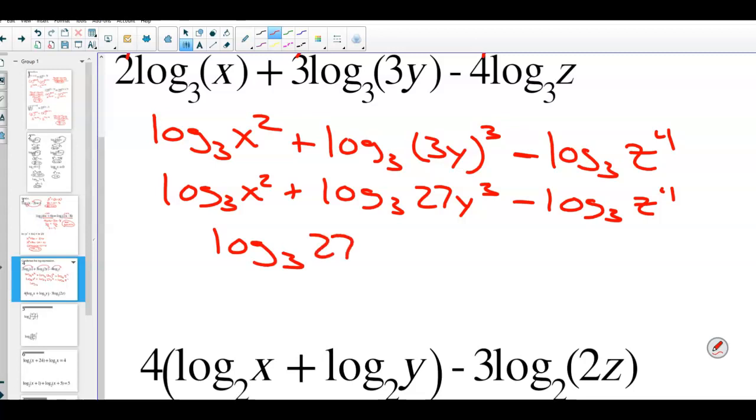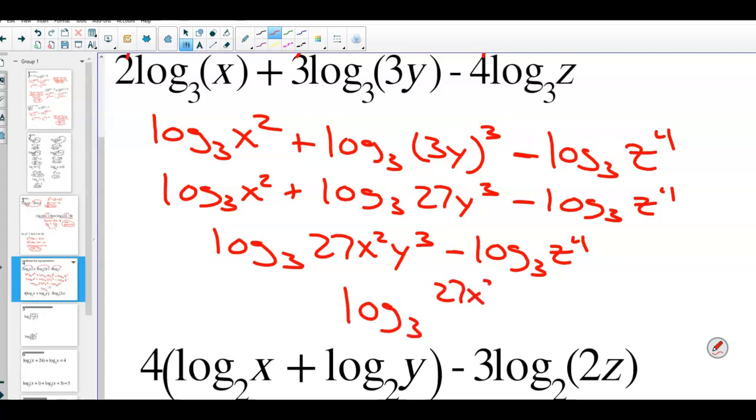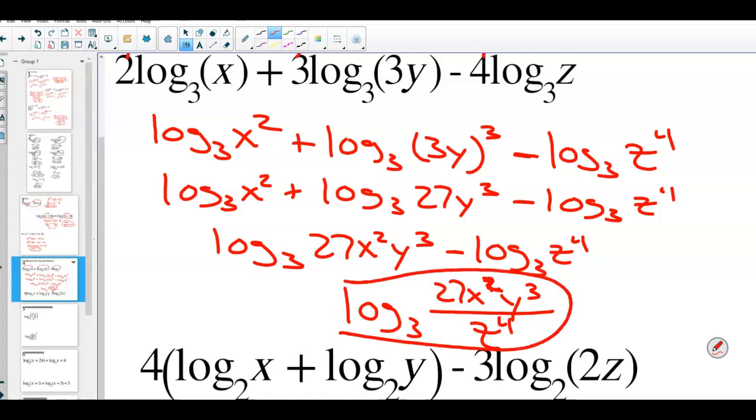And that's going to leave me with 27x squared y cubed minus log base 3 z to the 4th. Take that one step and deal with the addition sign. And then we subtract. That means we're dividing. 27x squared y cubed over z to the 4th. And that's going to be your answer.